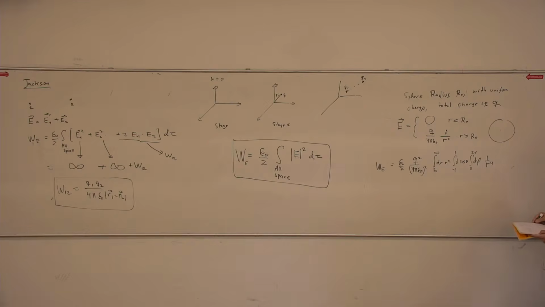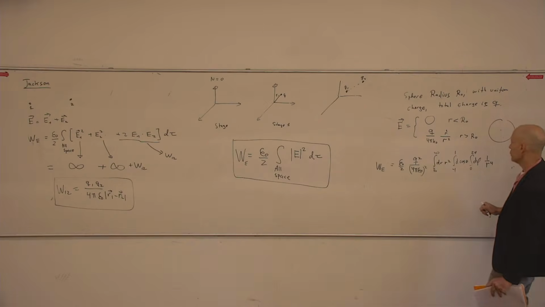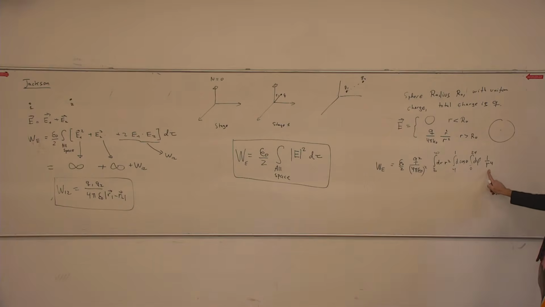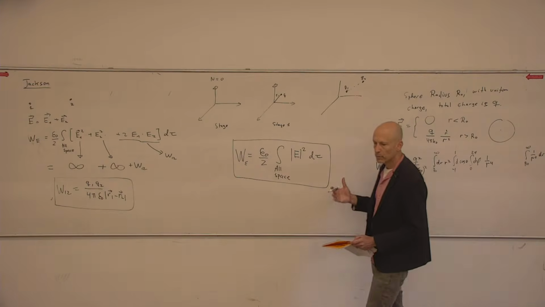Did I miss something? No, I don't think so. So here I have r squared times 1 over r to the fourth. When I integrate, what will I get? 1 over R0, because the integral from R0 to infinity of dr over r squared gives you 1 over R0, which is also obvious from the units point of view.